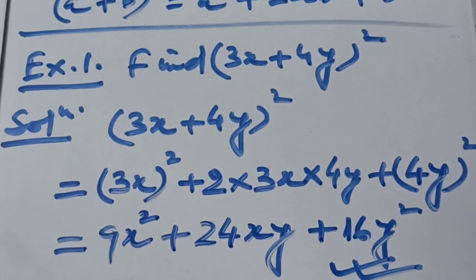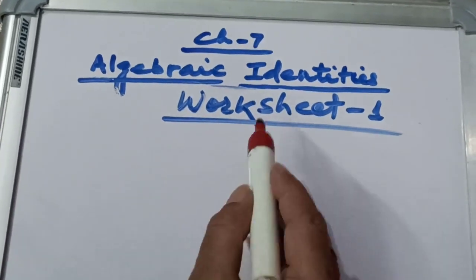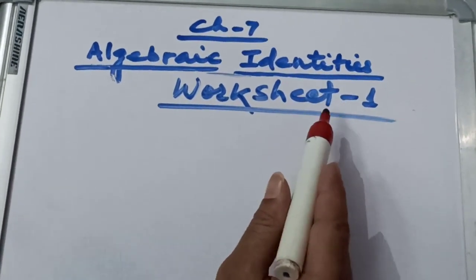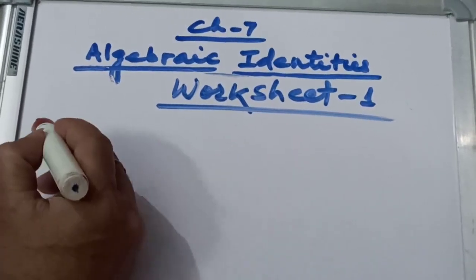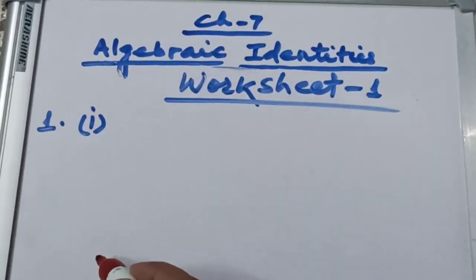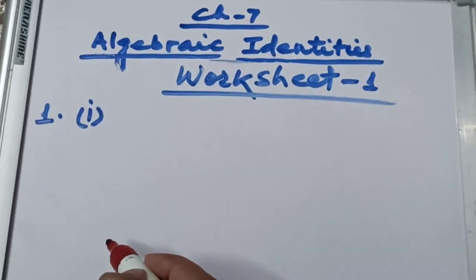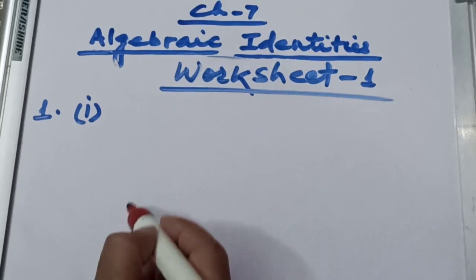Next example. So let us start worksheet 1. Question number 1, part 1. It is based upon identity 1, (a plus b) whole square. We take the first question: (2x plus 5) whole square.